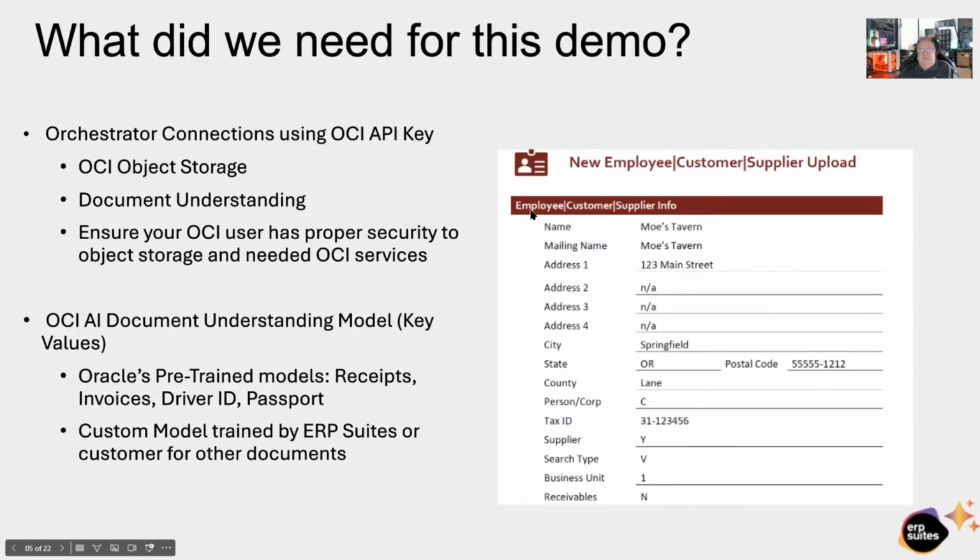This is a multi-purpose document, where it could be employee, customer, or supplier information, and you're just putting the appropriate pieces in. Document understanding takes it from the object storage, reads it, and returns the results of what it found in a JSON. Lots of information comes back in the JSON.